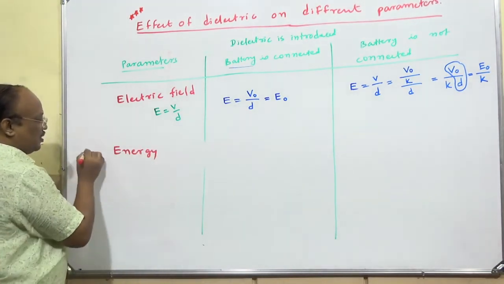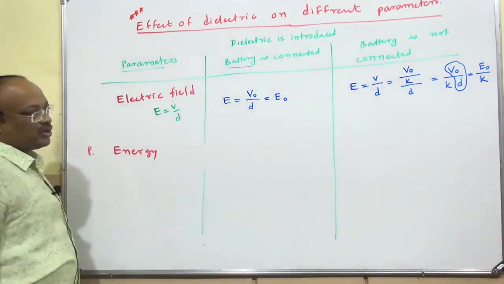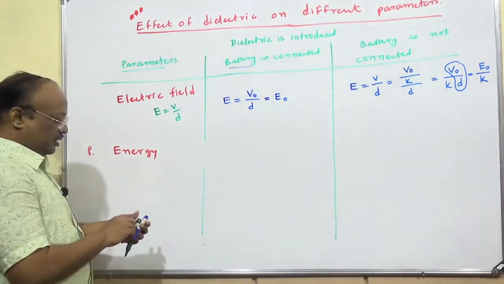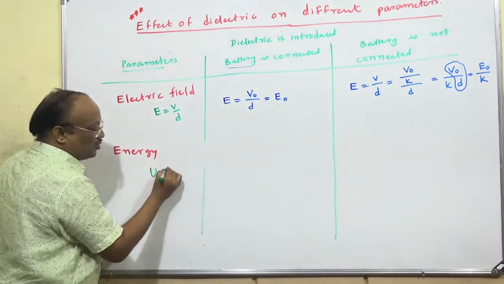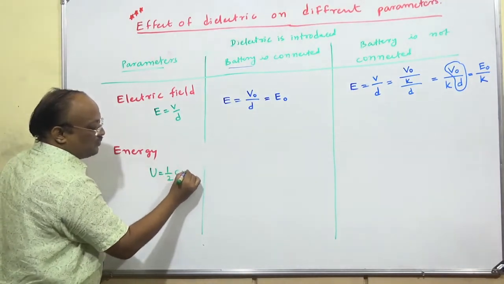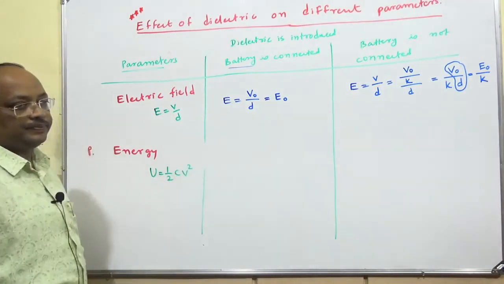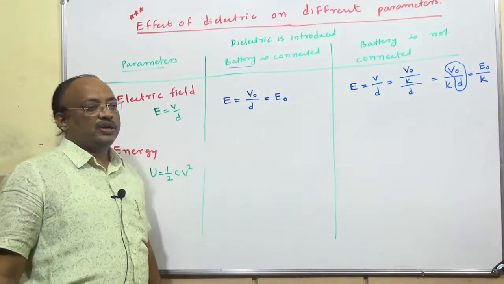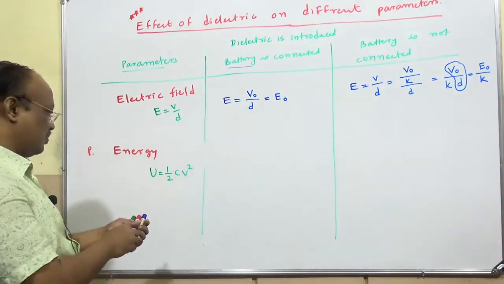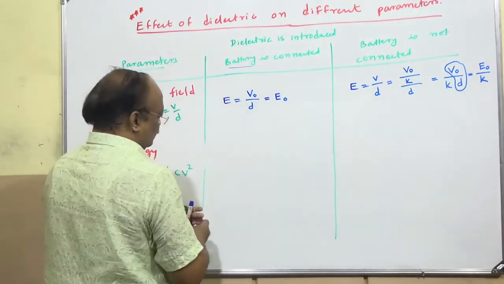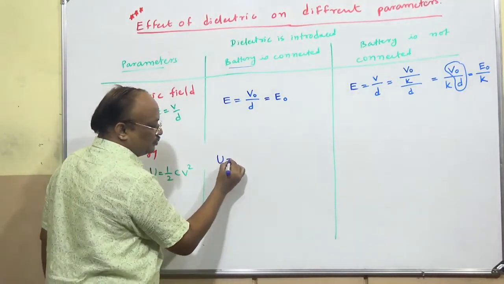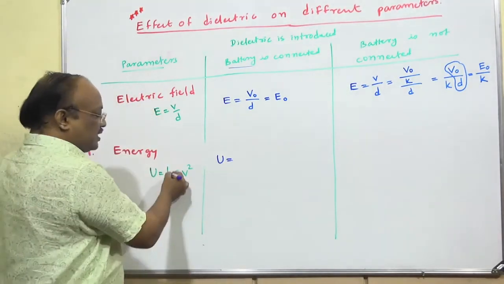Energy, potential energy, electrostatic potential energy. Already in the yesterday class you have seen U is equal to 1 by 2 CV square. What is here? U is equal to, what has happened to C?